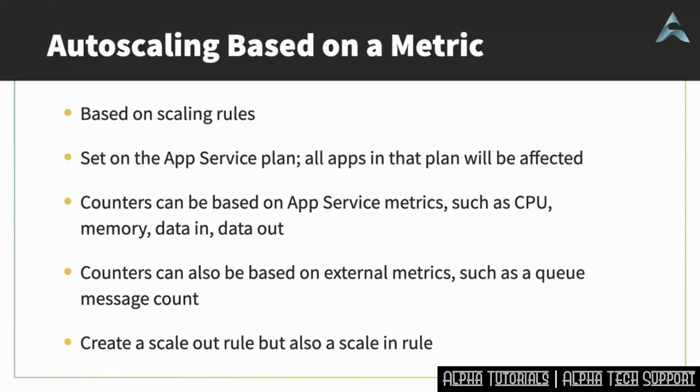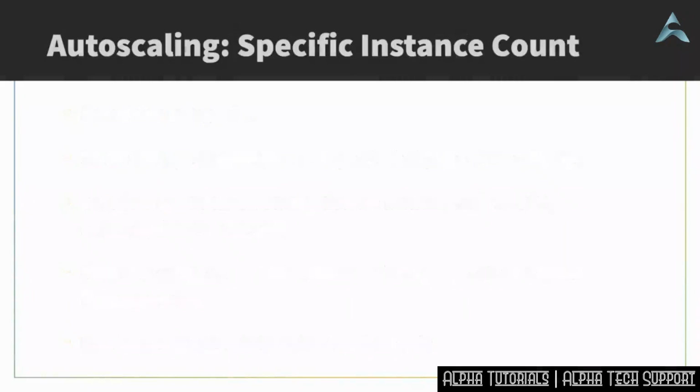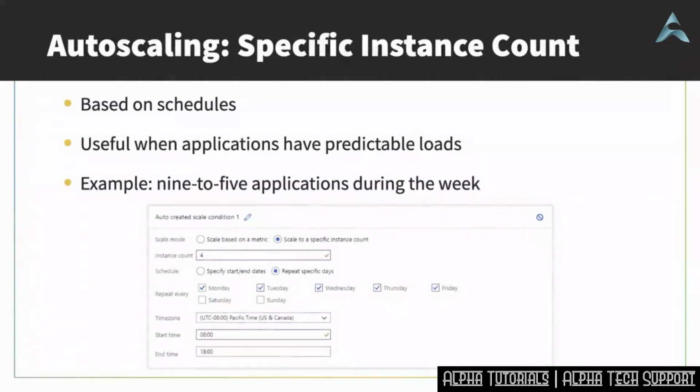Based on that, you might get more or fewer instances, because imagine you have a workload that has lots and lots of messages and it's not handling them in a timely way. Let's create more instances so that we have more compute capacity to process all those messages on the queue.